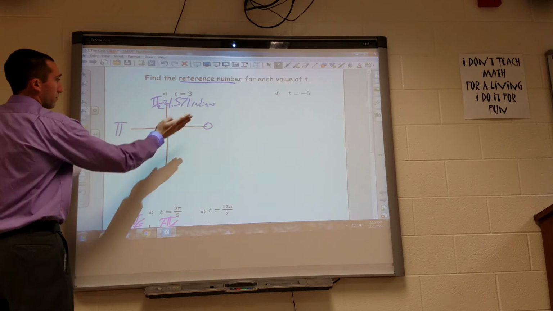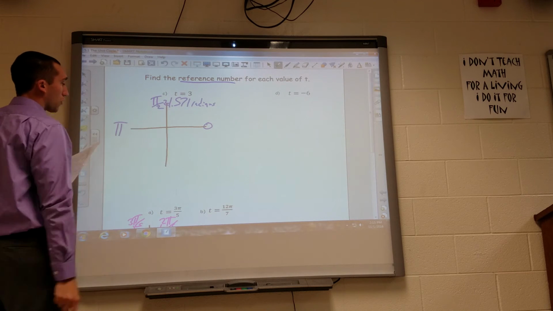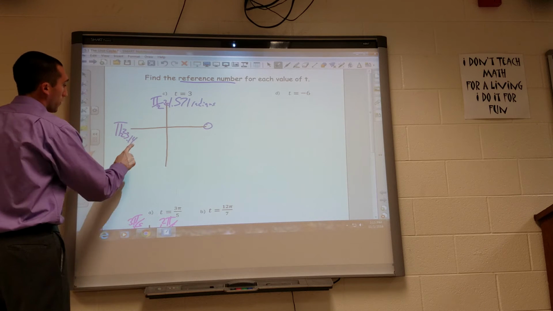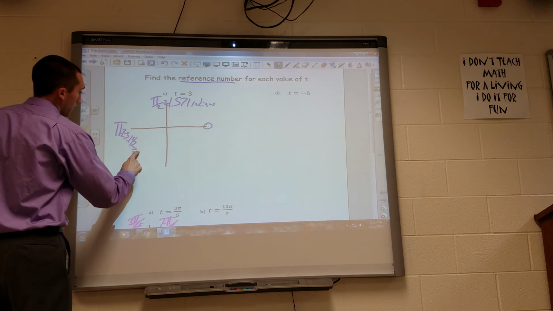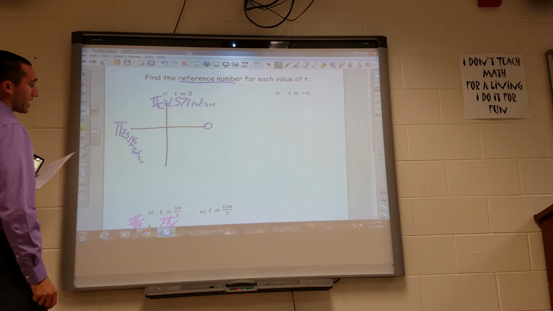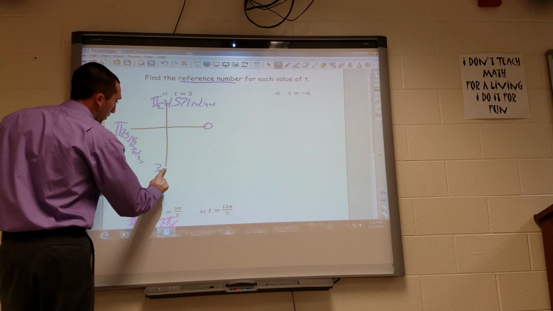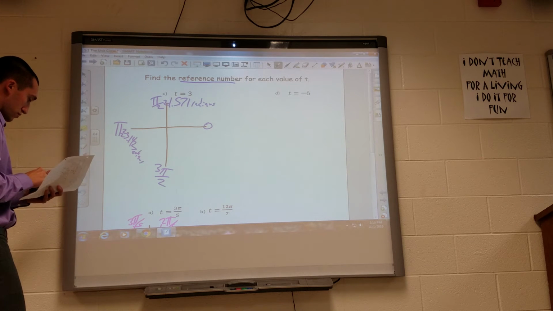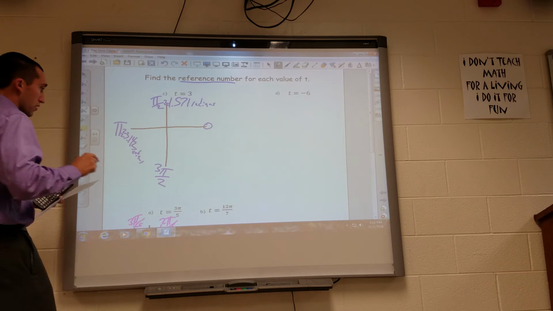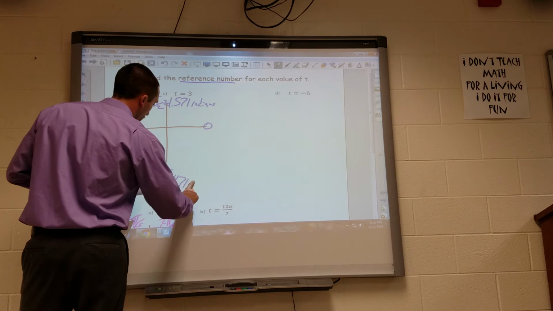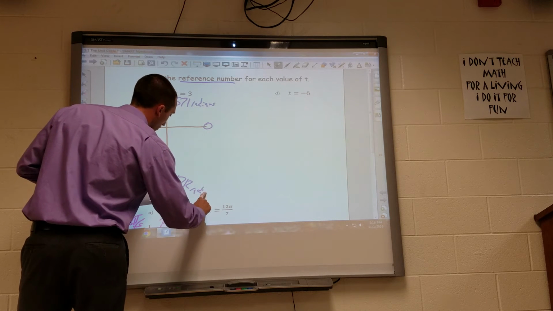This is pi, right? So halfway is pi over 2, all the way is pi. So that's about 3.1415, which rounds to 3.142 radians, and then the next one is 3 pi over 2. Okay, and 3 pi over 2 is 4.712 radians.